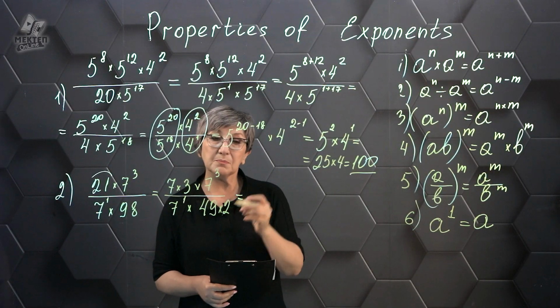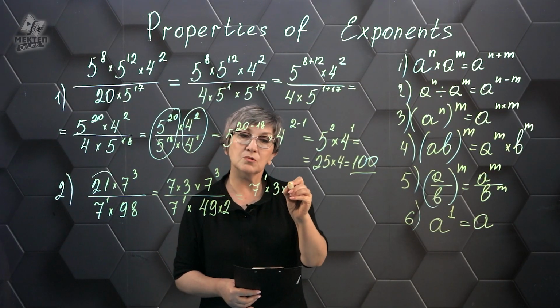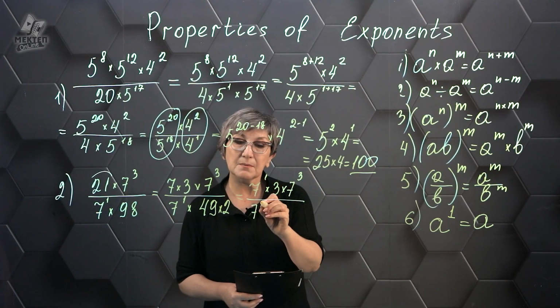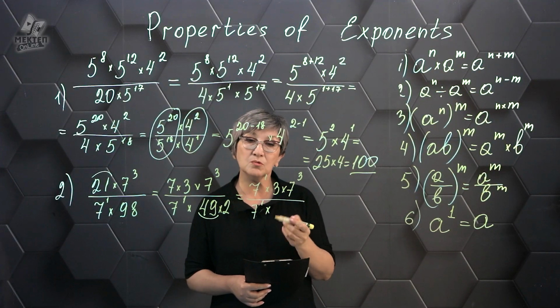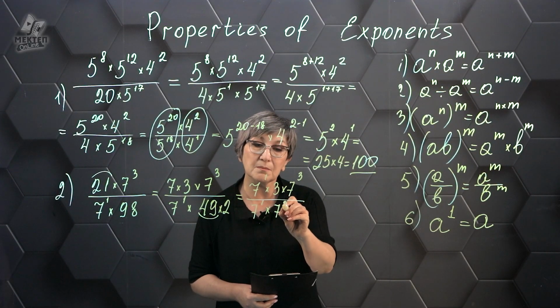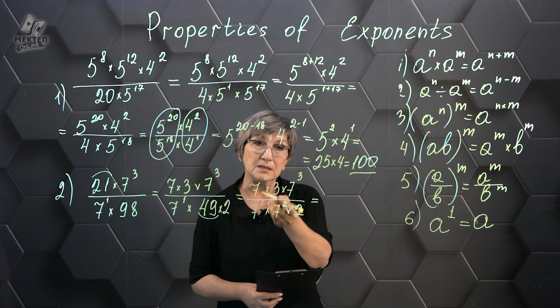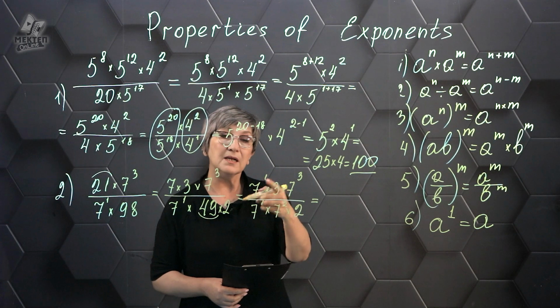Let's rewrite it. 7 to the power of 1 times 3 times 7 to the power of 3, divide 7 to the power of 1 times 1. And here 49 is 7 times 7, so I'm going to write 7 to the power of 2 times 2. And now we can apply the properties of our powers to the numbers.